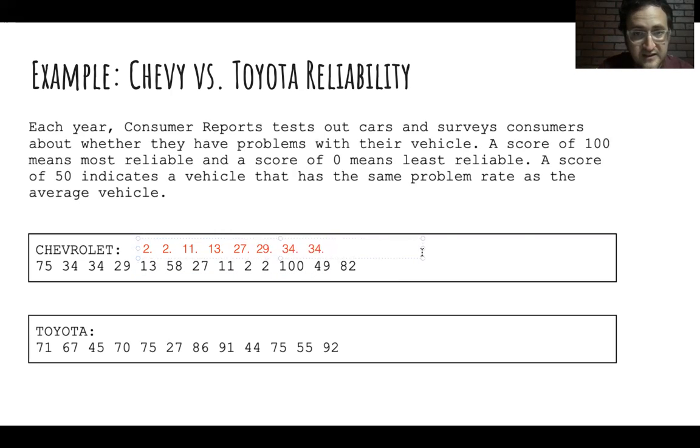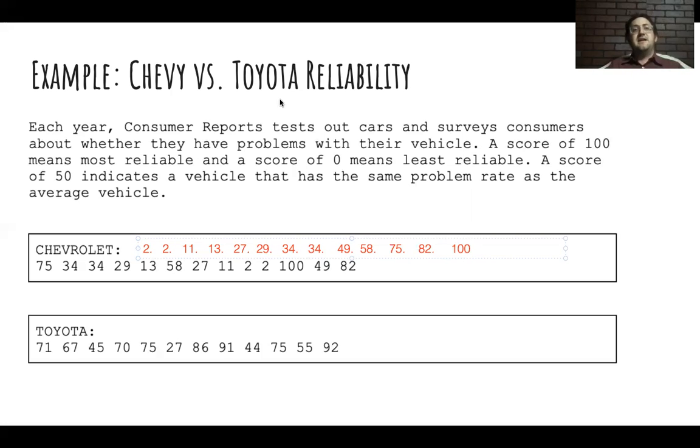And let's make this wider. We got 49. And then there's actually some Chevrolets that are more reliable than the average car, including the Chevrolet that got a perfect reliability of 100. Let's make sure we have the 13 data sets.